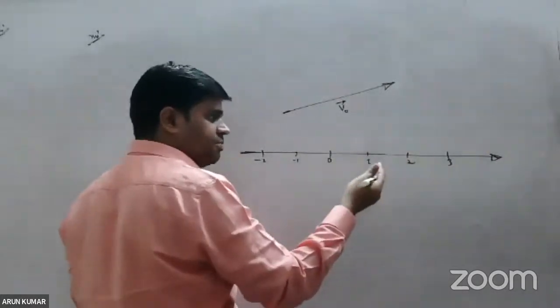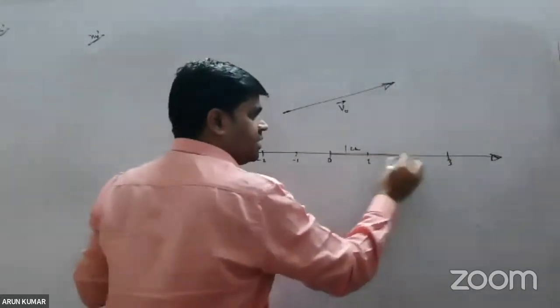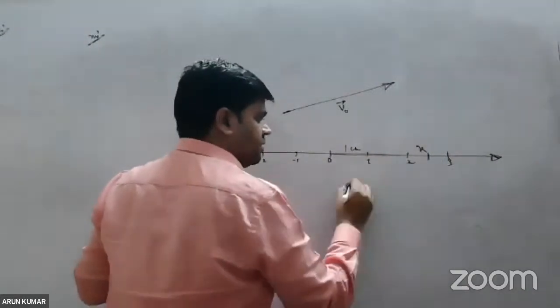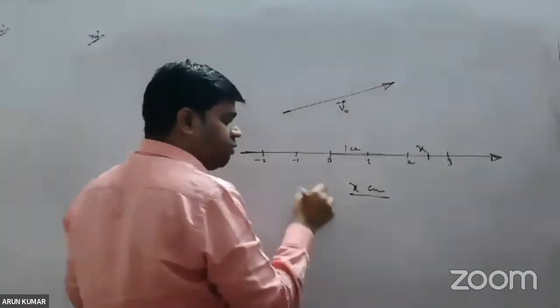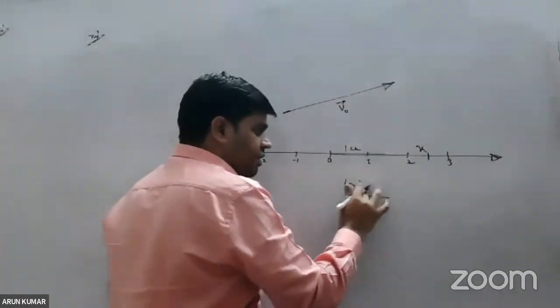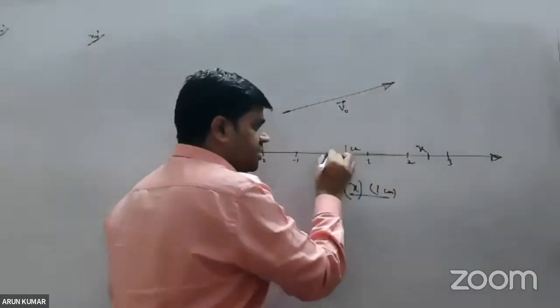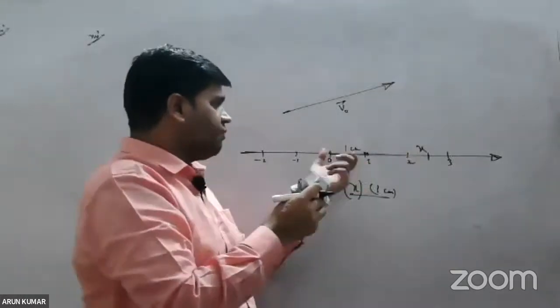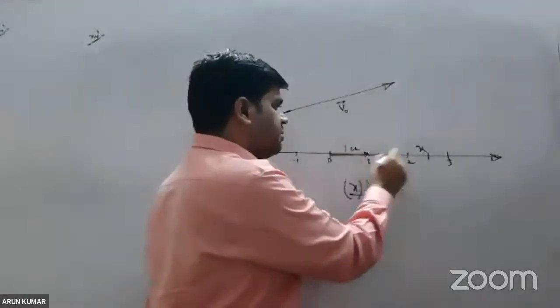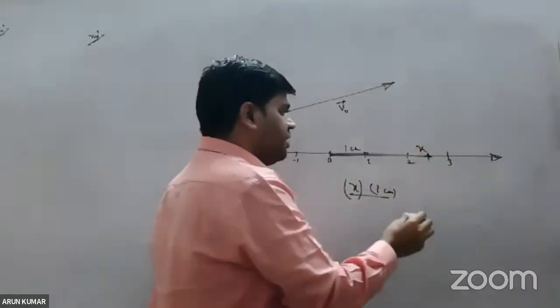This is the measure of displacement. So if I say this is 1 centimeter, if I say x centimeters, how do I read this? This is x number into each unit. This is my 1 unit. So x times of 1 unit is this displacement.